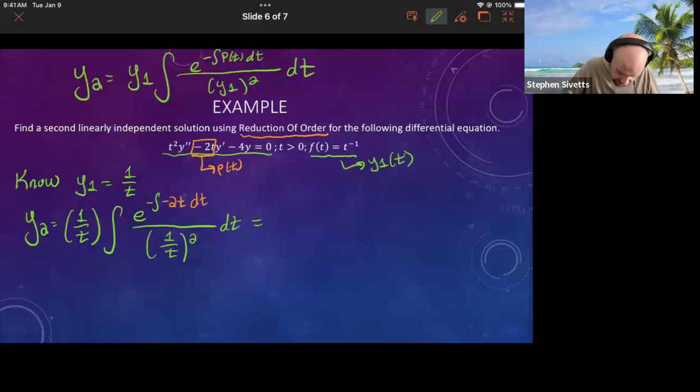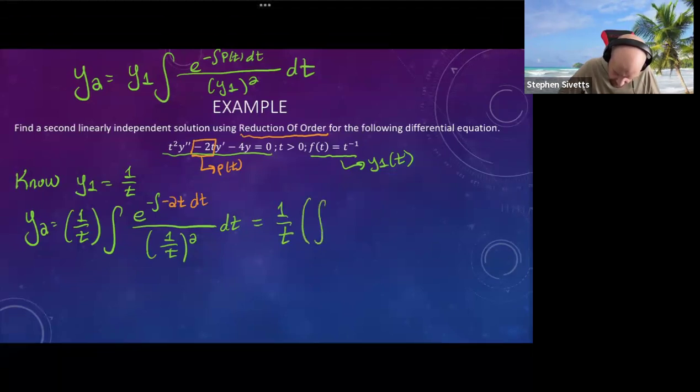So this equals 1 over t times the integral of, in this case, t squared e to the 2t dt.